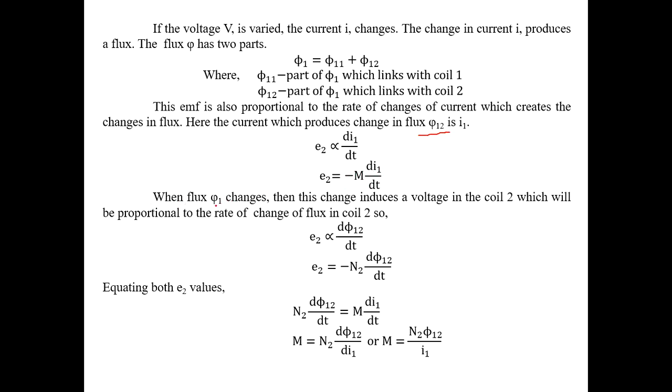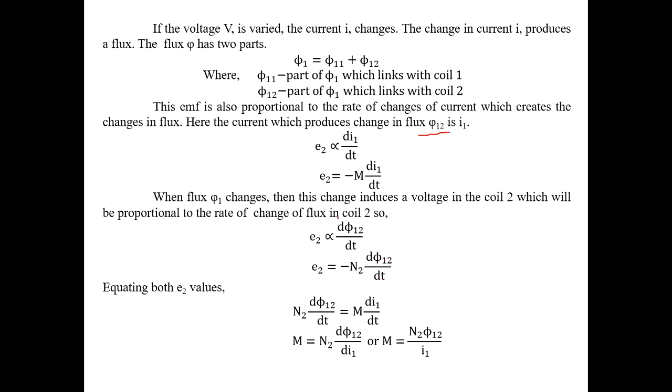When flux phi 1 changes, this change induces a voltage in coil 2 which will be proportional to the rate of change of flux in coil 2 also. So E2 is directly proportional to d phi 12 divided by dt. We can write E2 is equal to minus N2 into d phi 1 divided by dt.